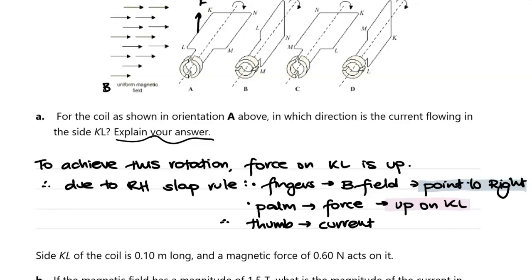So hopefully you're holding your right hand with palm facing upwards right now. If you do that, you'll notice that the current, the thumb, needs to be going from K to L. So using the notation that's given in the question can be handy here. So we've specified the current is flowing in this direction inside KL. We've explained our answer, all good to go.